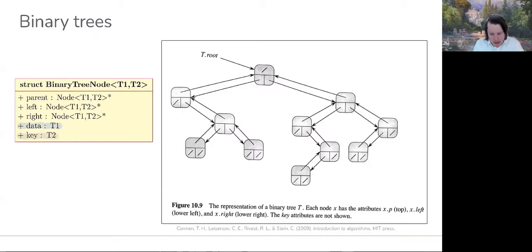Now, if you remember what makes a binary tree, it's that it is going to have at most two children. How do we connect up, say, the root of our tree, or any node for that matter, to its children? Well, we're going to say that each node is going to have a left pointer, which will point to its left child, provided it has one.